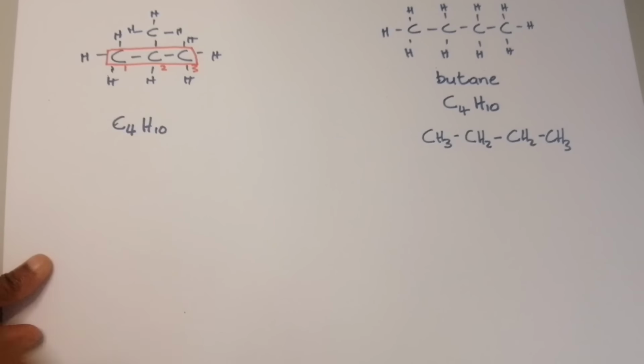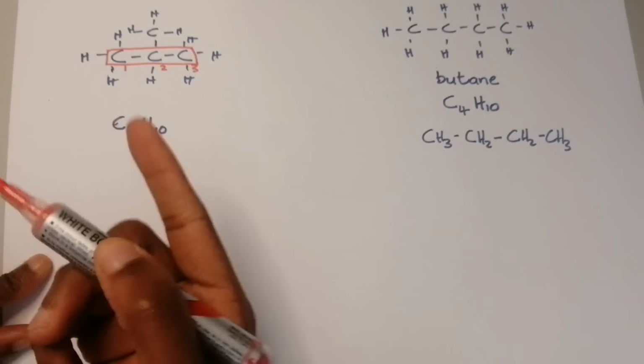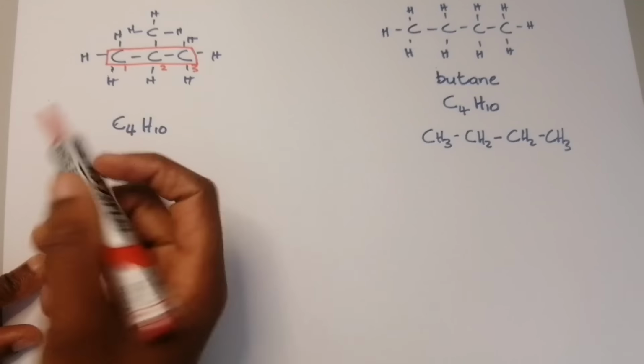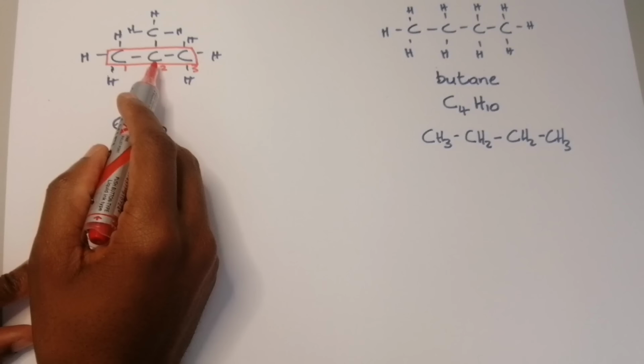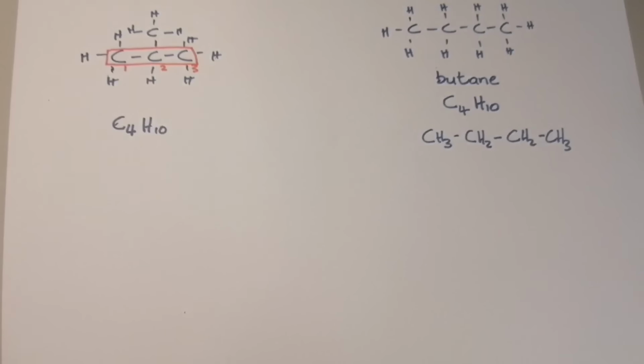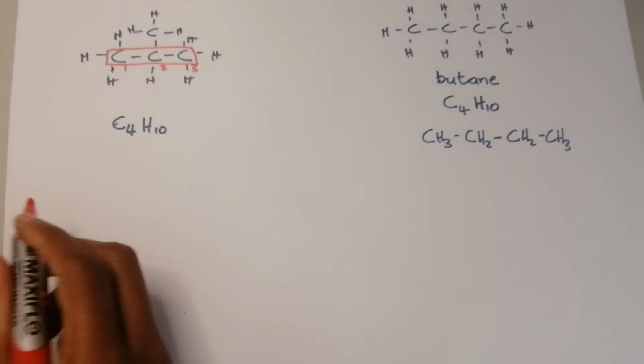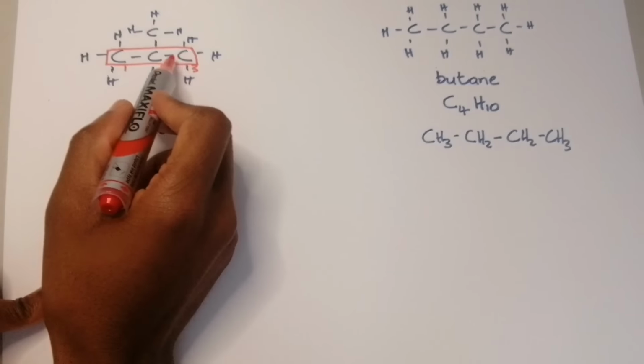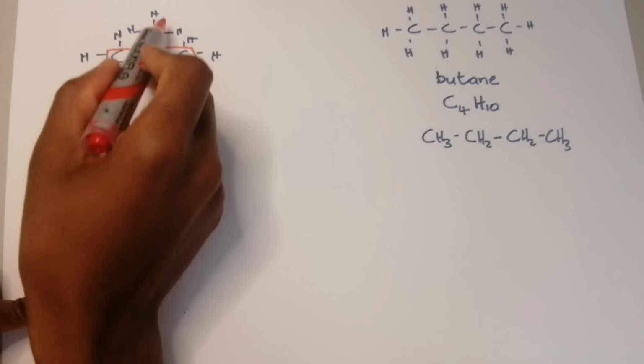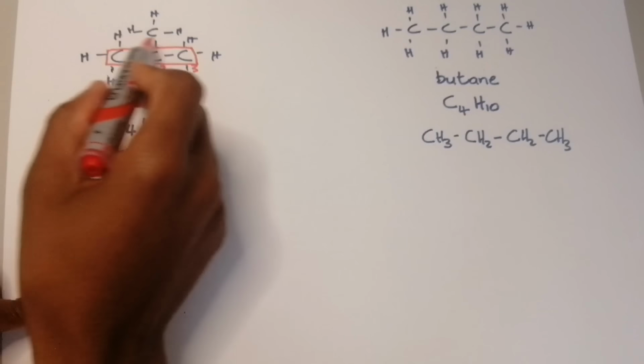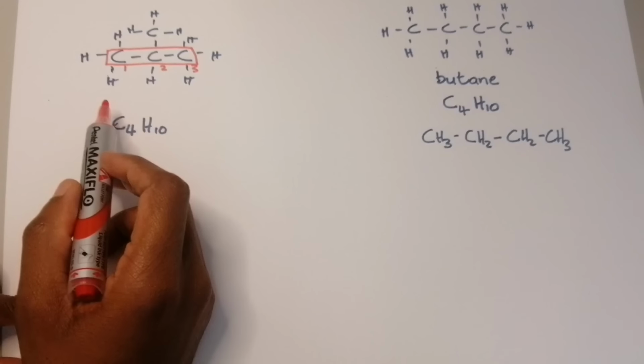Now, how do I name this one? I will start in this case with my side chain. You always start with the side chain. Sometimes they call it a branch, or you can call it a side chain. So look at this. At carbon number 2, I've got something sitting there, and that's a carbon atom, isn't it?